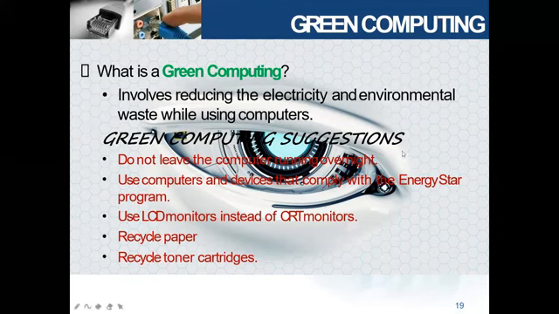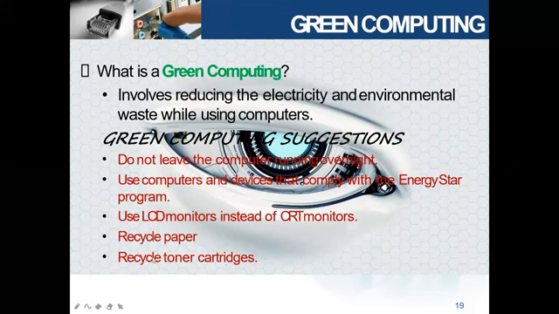Use computers and devices that comply with the Energy Star program, which consume less energy. Use LCD monitors instead of CRT monitors, because CRT monitors emit more heat. Recycle papers. Recycle toner cartridges.